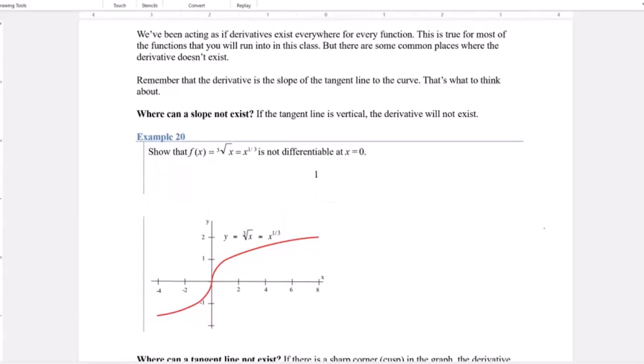It says show that f of x, which is equal to the cube root of x, which is equal to x to the 1/3, is not differentiable at x equals 0.